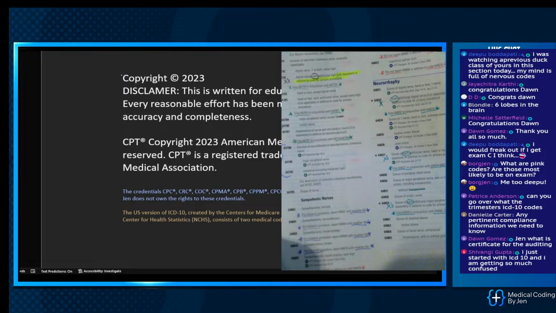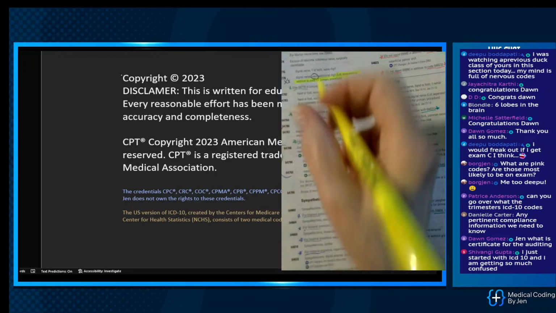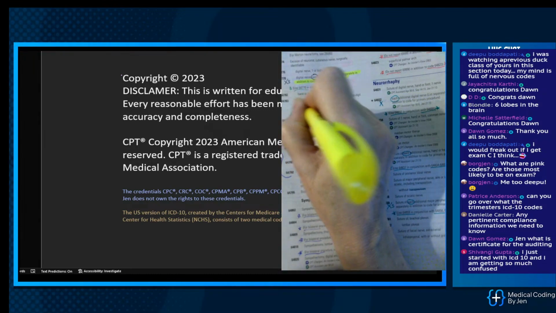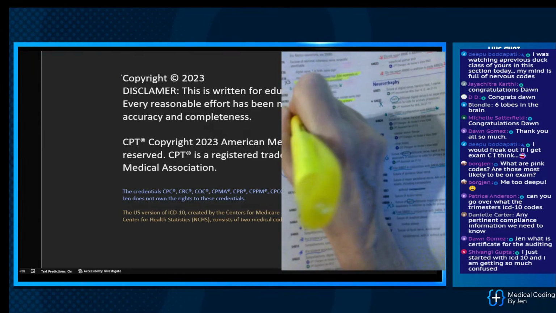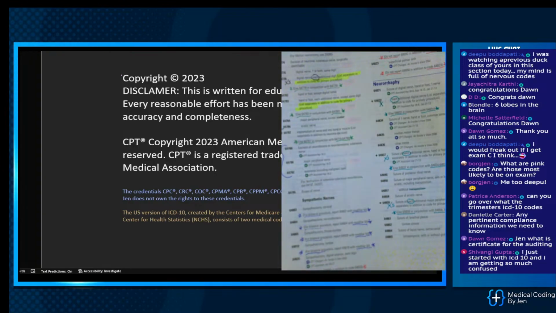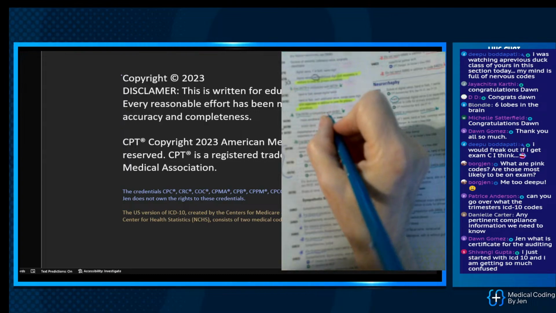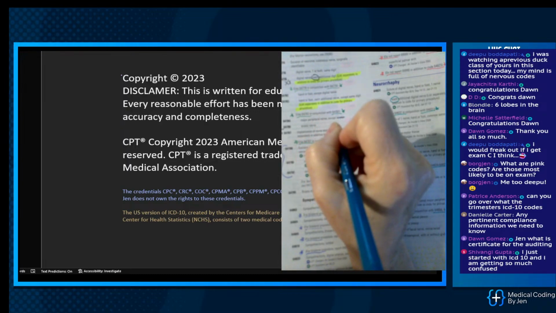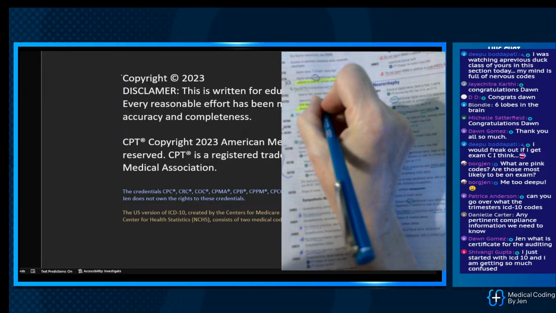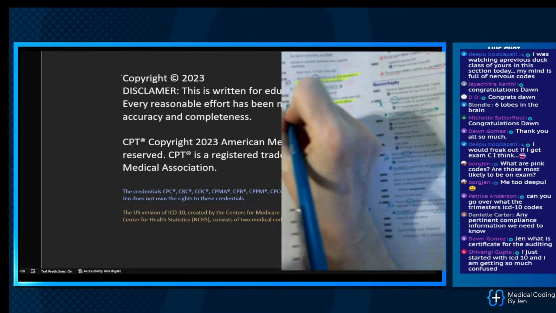The pink codes, I've said it a million times. I know you guys know. Pink codes are codes that are possibly current codes that could be used on a current exam.